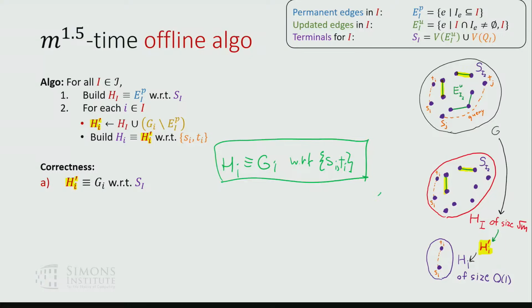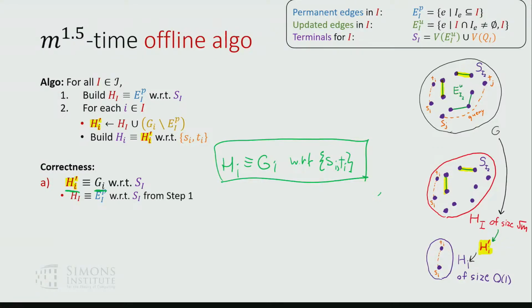There are two steps. The first step is I'm gonna show first that at least H_I prime preserves G_i. H_I prime is not as small as h_i yet, but it preserves G_i.